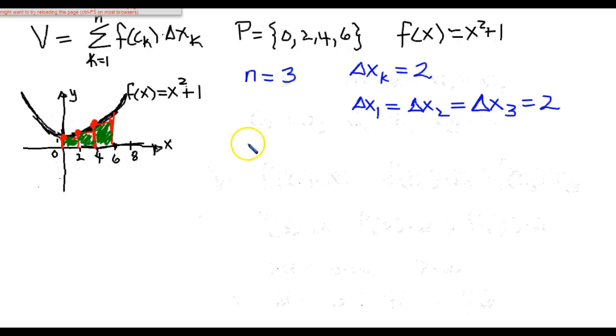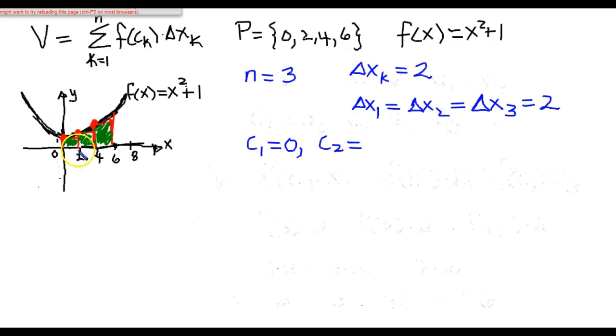The next thing we need to find before we evaluate what V is, is c sub k. Again, k goes from 1 to 3, so let's figure out what c sub 1 is equal to. C sub 1 is going to be the x value where I have that first dot, that first left endpoint, and that's going to be where x is equal to 0. C sub 2 is going to give us the second dot.